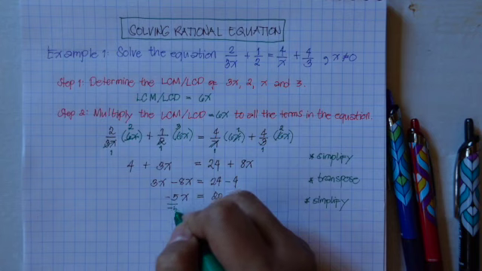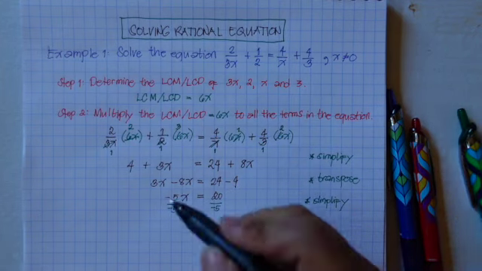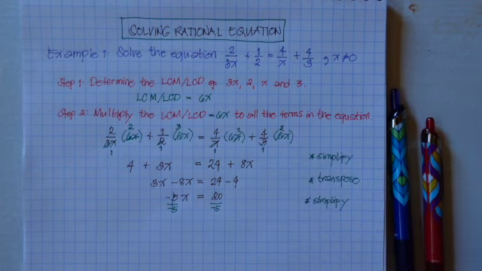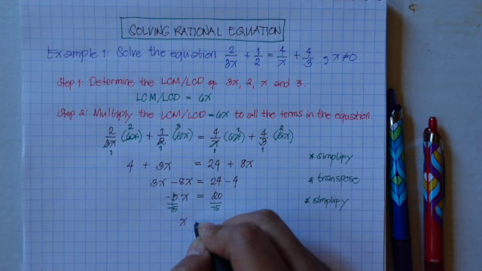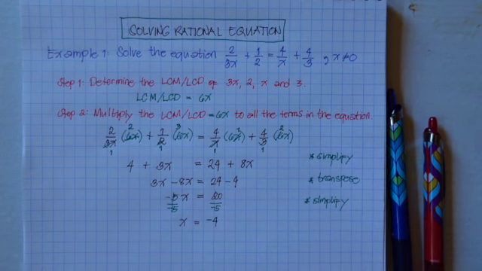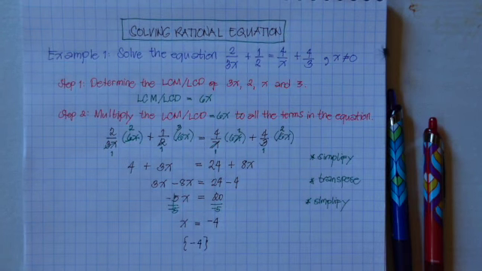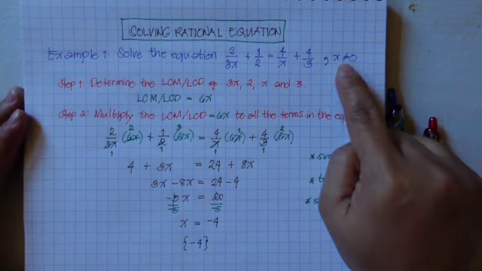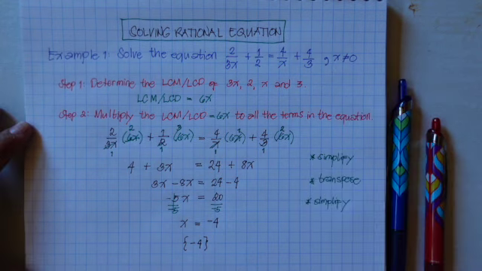We need to divide both sides by negative 5. Negative 5 divided by negative 5 equals 1. What is left on this side is x, and the right side would be negative 4. Therefore, the solution set is negative 4. We go back to the condition, x shouldn't be equal to 0. Therefore, we have a solution.